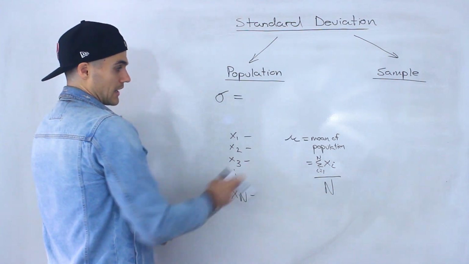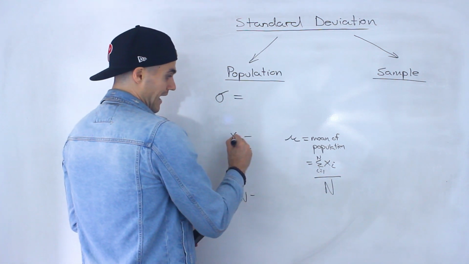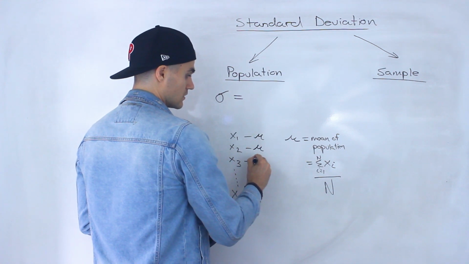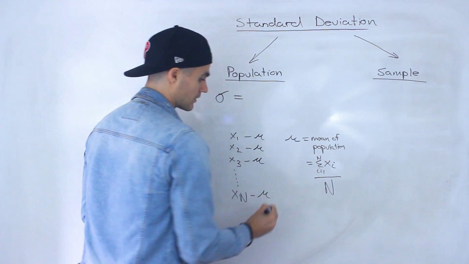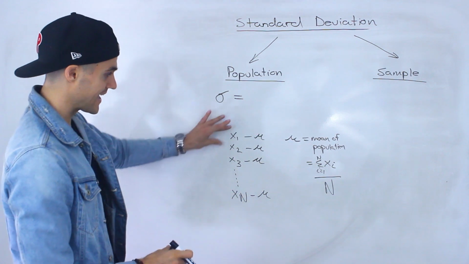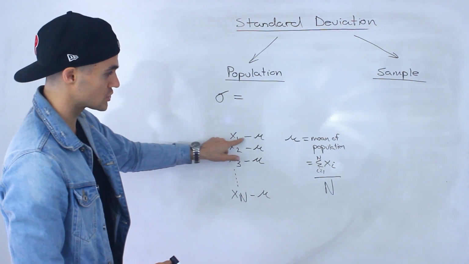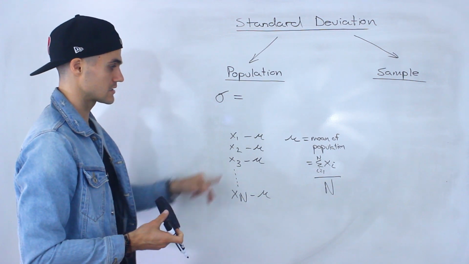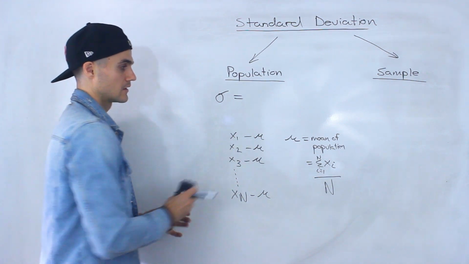So you get that mean, and then what you do is you figure out how much deviation for each observation is happening from the mean. So you're going to take each observation and subtract the mean from it, seeing how far each one is away from the mean.